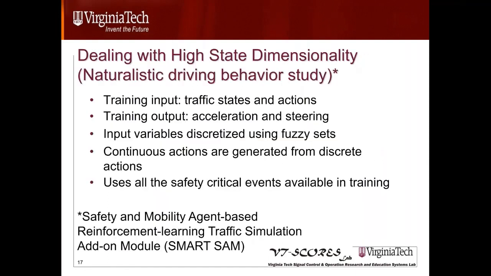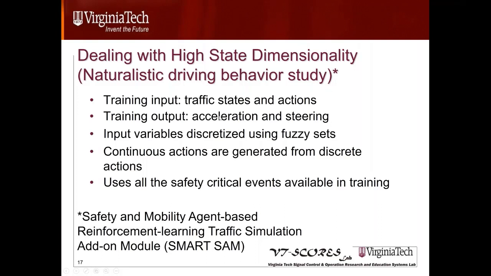So I'll take you back now to the high state dimensionality when you're dealing with driver behavior. And in this case, again, following the same way of thinking and laying things down, you need to know the input. So you have the traffic states and actions. The output is the acceleration and steering.